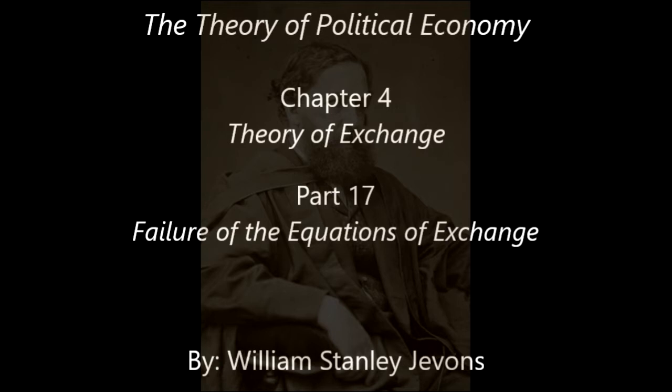Cases constantly occur in which equations of the kind set forth in the preceding pages fail to hold true or lead to impossible results. Such failure may indicate that no exchange at all takes place, but it may also have a different meaning.